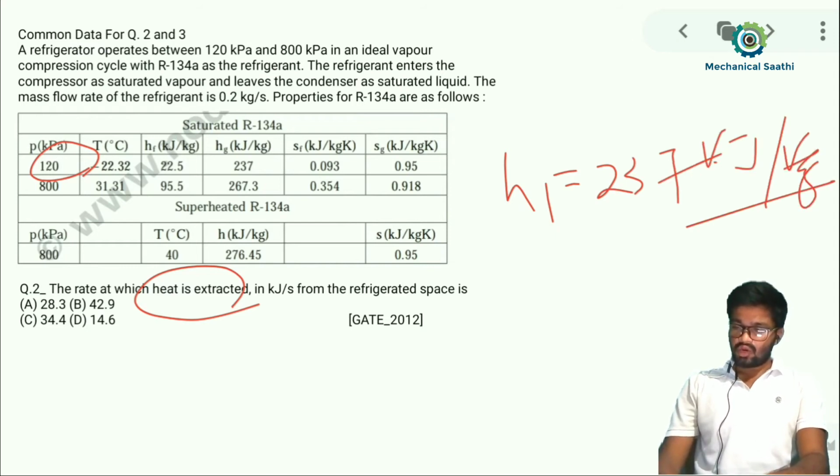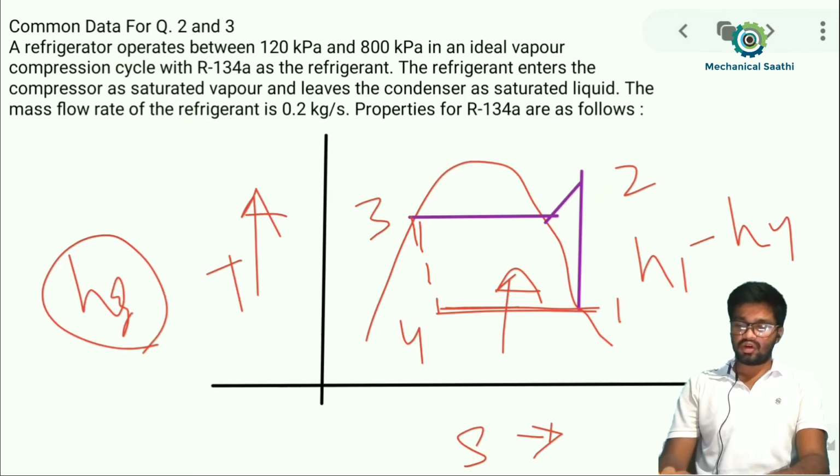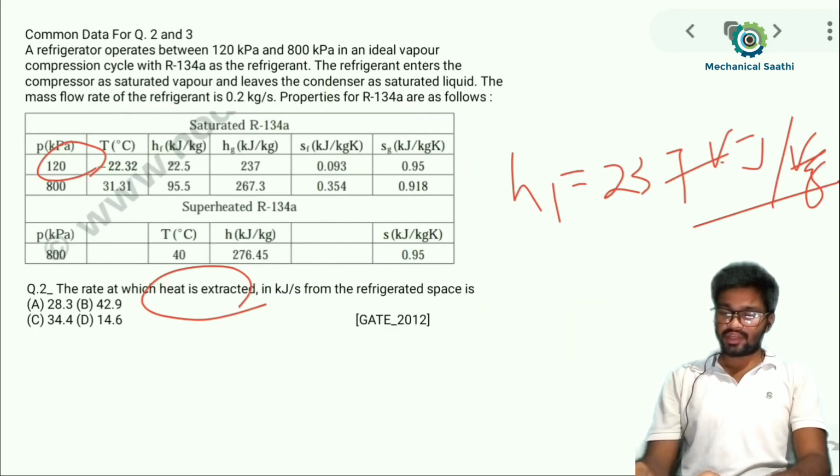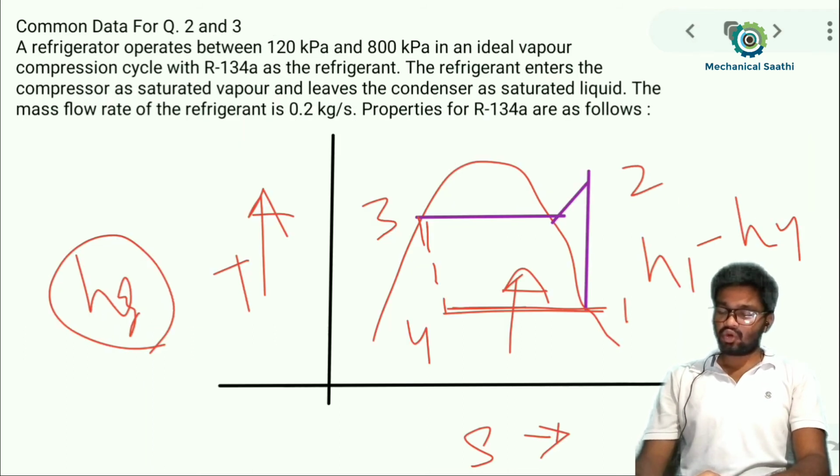Now we have to calculate the value of enthalpy at point 3. This point 3 corresponds to 800 kilopascal pressure, so the properties given for 800 kilopascal will be used. This point is located at the saturated liquid region, so the enthalpy of the saturated liquid region will be used.